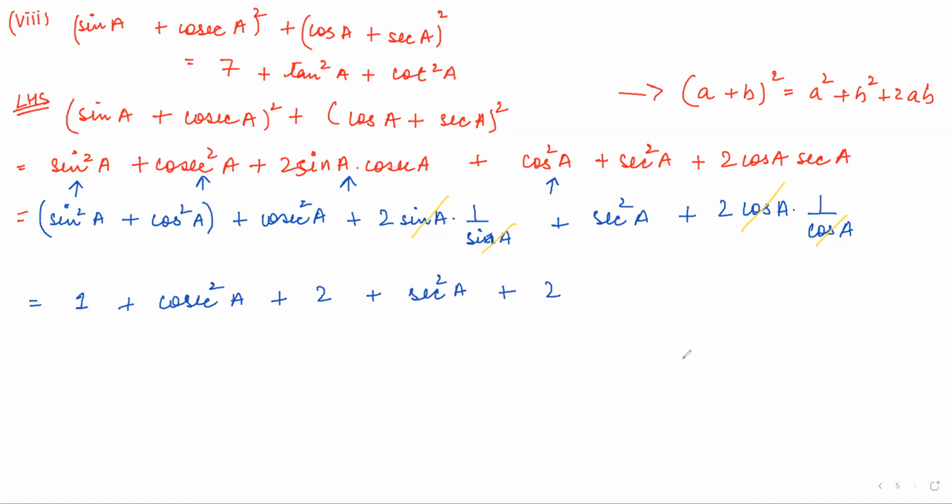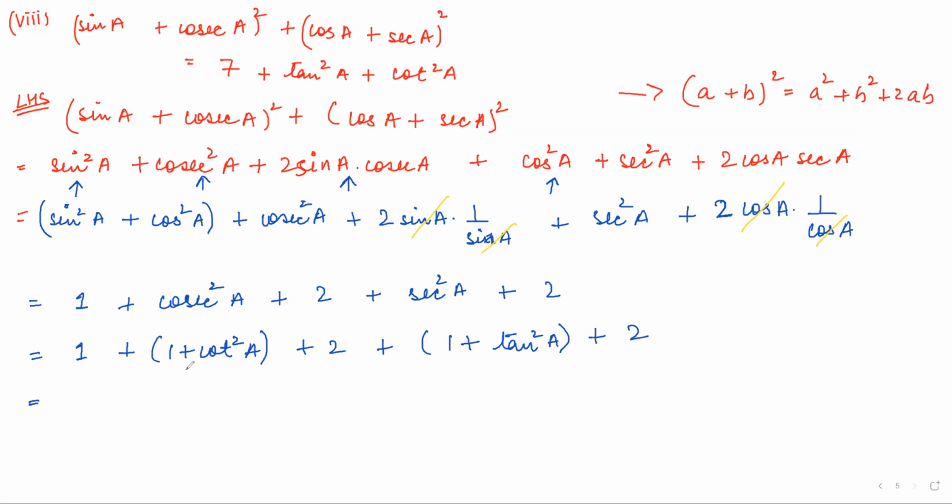Now I have 1 plus, now this cosec square A, I can write 1 plus cot square A from the identity, plus 2 plus. Now this sec square A, I can write 1 plus tan square A from the identity and then plus 2. Right?